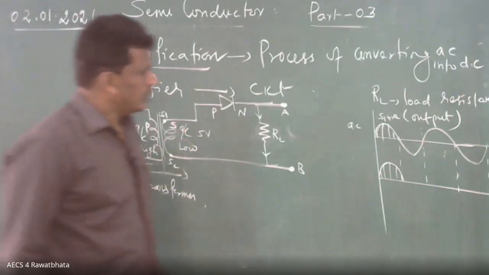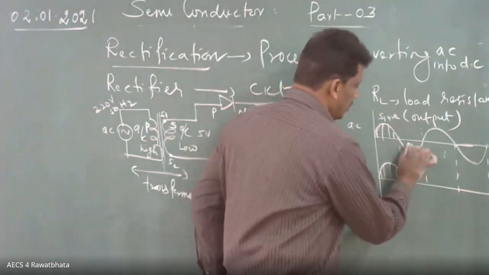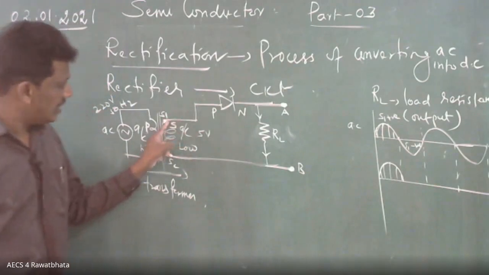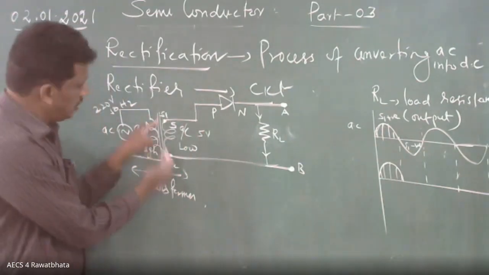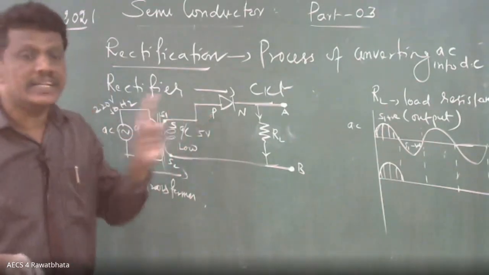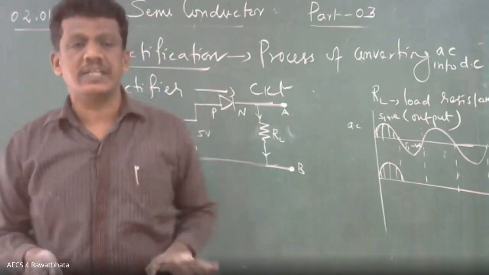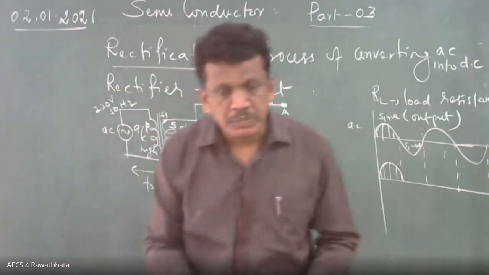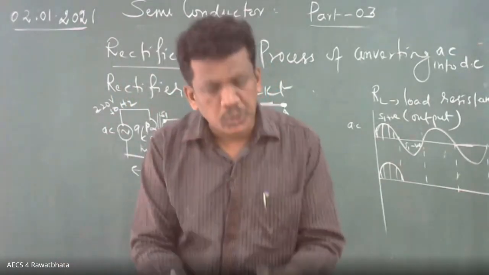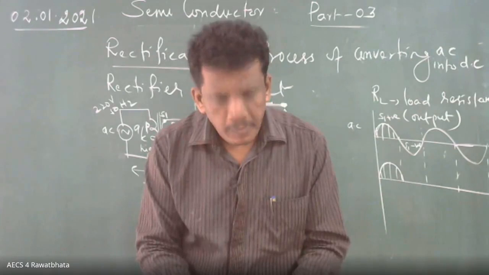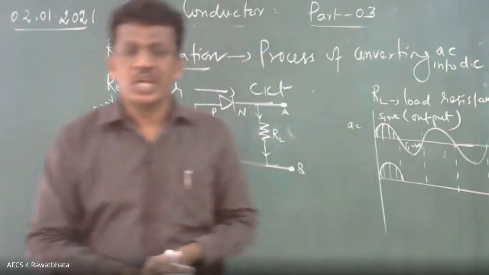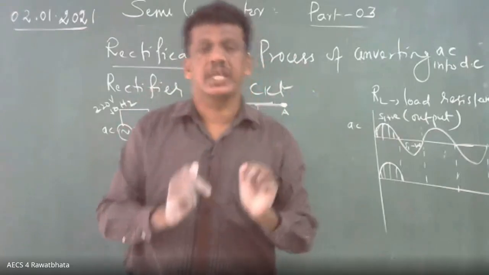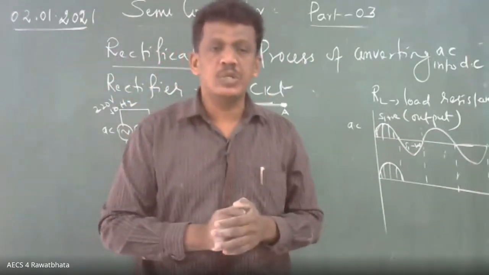Next, S1 negative. Negative with P region. Which bias? Reverse bias. Reverse bias means no conduction due to majority charge carrier. You may ask, sir, conduction is there due to minority carriers.